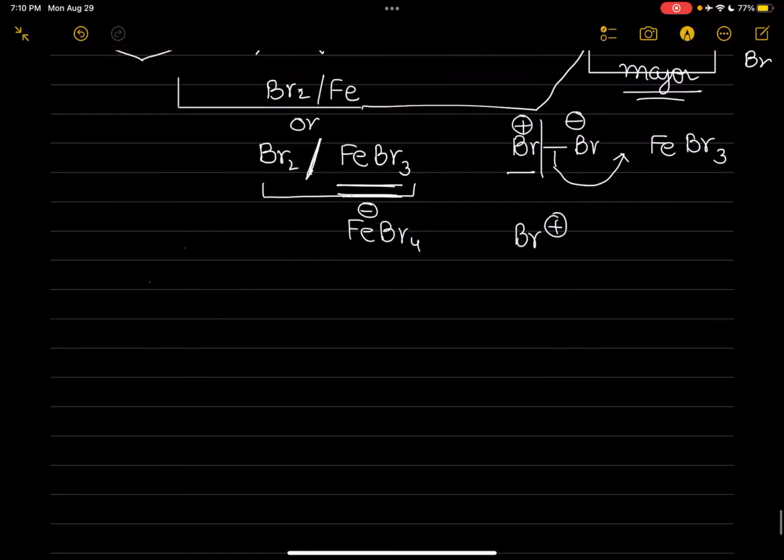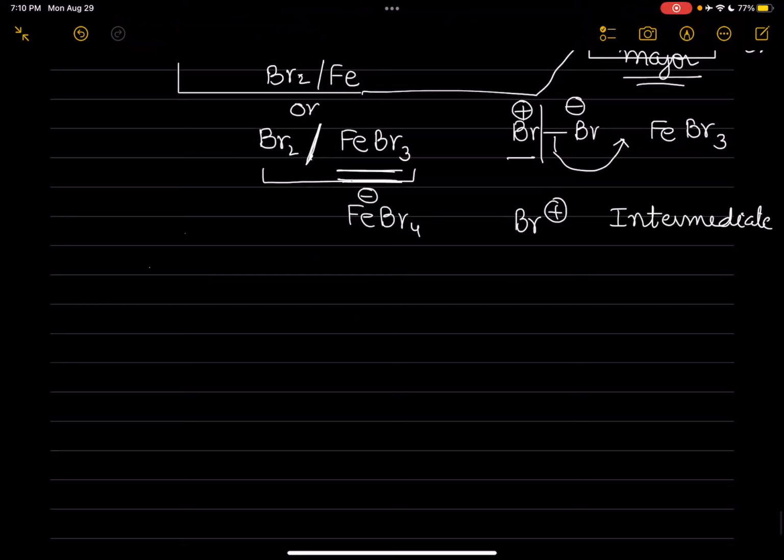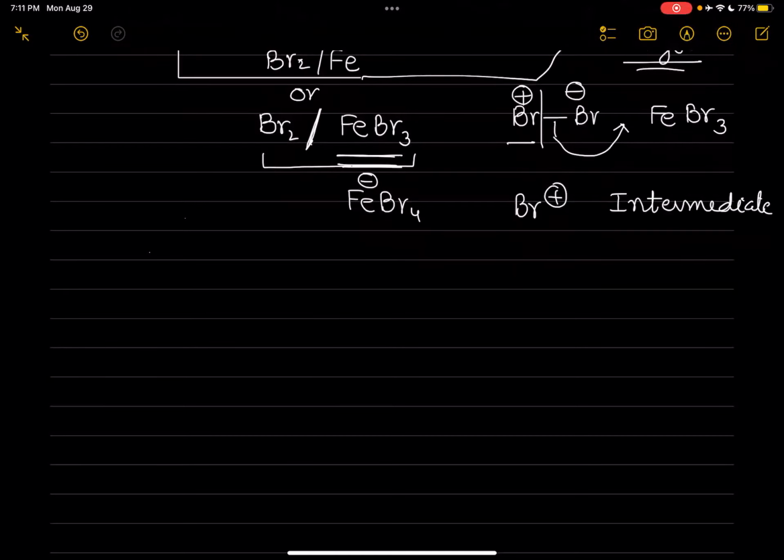And this Br plus is an intermediate. So this Br plus needs electrons. From where will it get the electrons? From the benzene ring, because benzene ring is a rich source of electrons. But this NO2 group is also pulling electrons, and it will have plus charge at ortho and para positions because of this NO2.